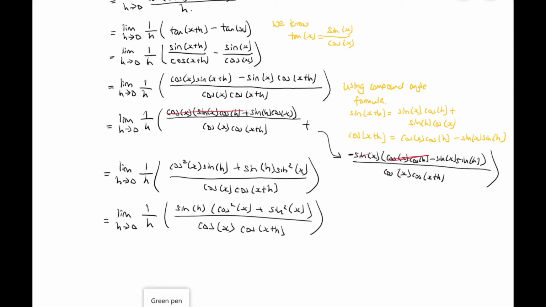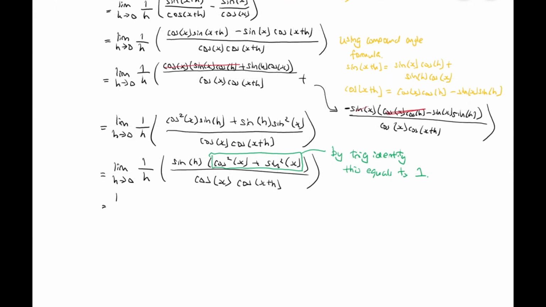Now I know that cos squared x plus sine squared x equals 1 by the trig identities. So we're just left with the limit as h approaches 0 of 1 over h of sine h divided by cos x times cos of x plus h.